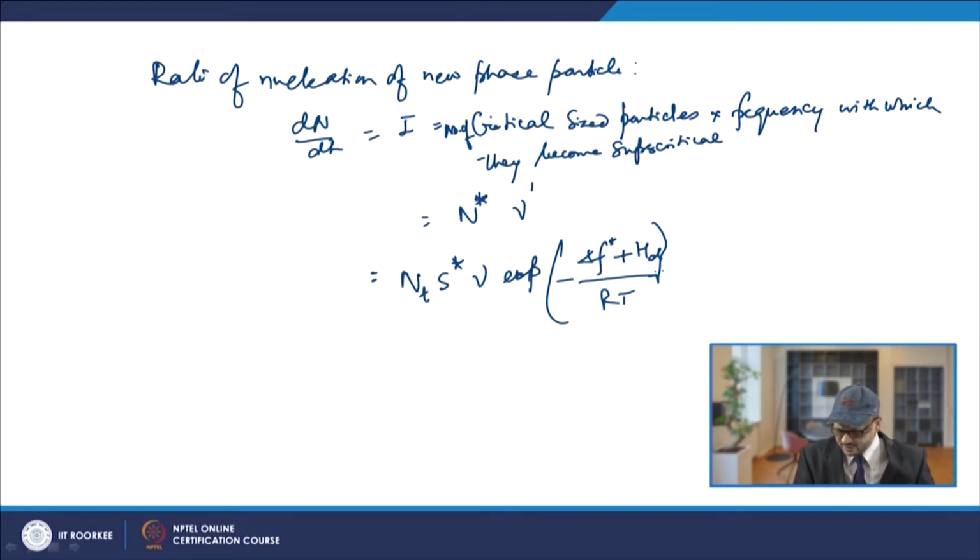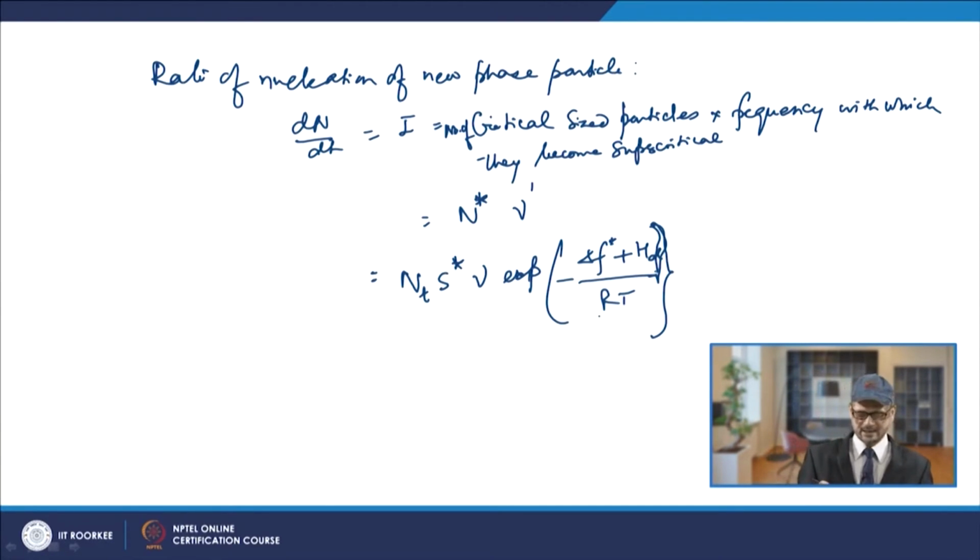So, that basically is talking about the expression for the rate of nucleation, and what we see is that this pre-exponential term value comes in the range of 10 raised to the power 42 meter raised to the power minus 3 per second, and then depending upon these values your nucleation rate will be defined.